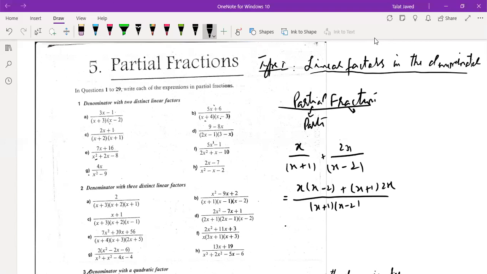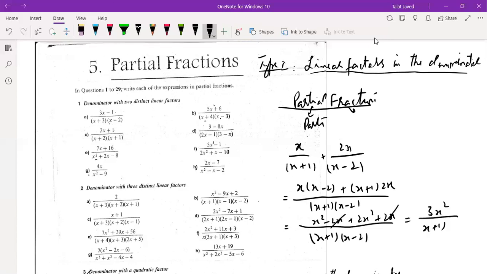So you will get x square minus 2x plus 2x square plus 2x divided by x plus 1 and x minus 2. The 2x terms cancel out, and you get 3x square divided by x plus 1 and x minus 2.